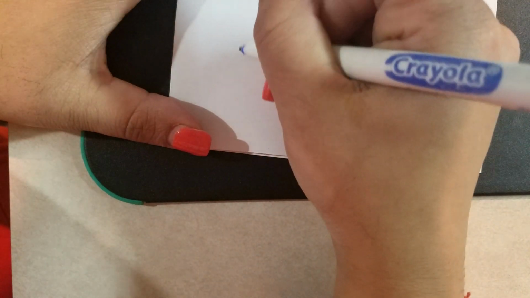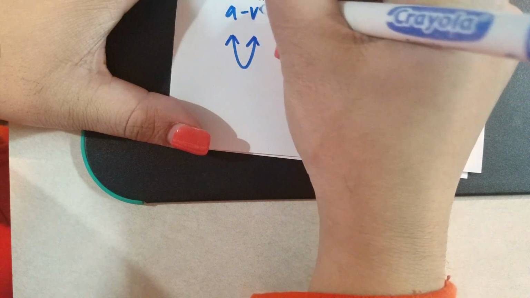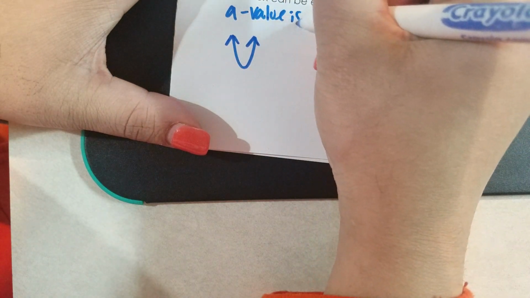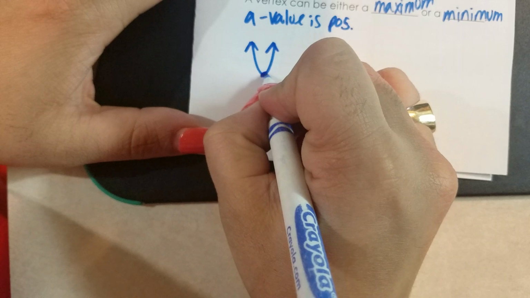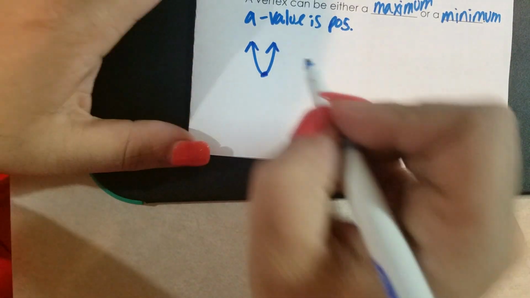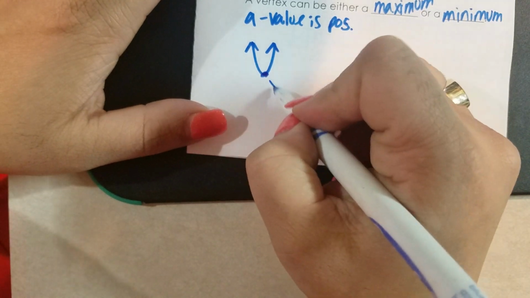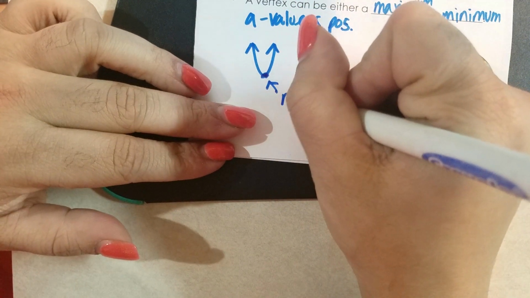It would be with the upward. But that's wrong. When your a value is positive, the vertex is actually all the way down there, which is your lowest point. Nothing can be lower than this vertex.